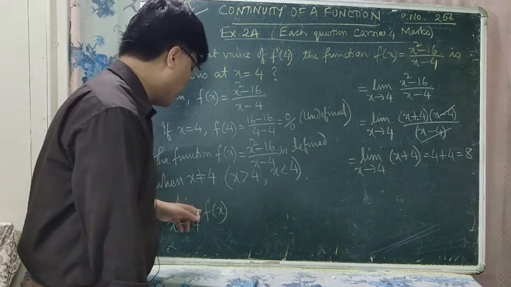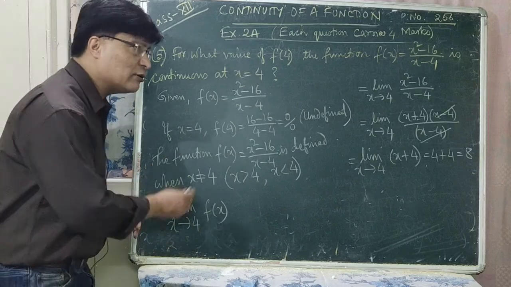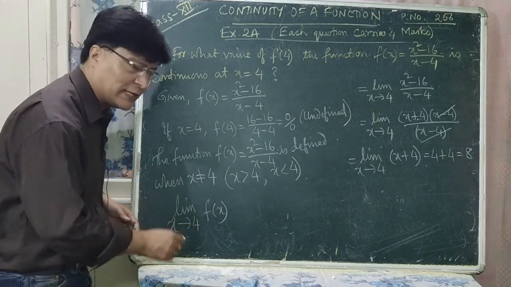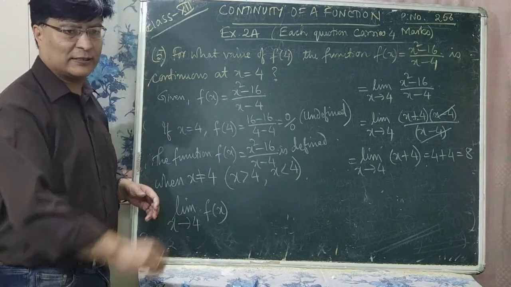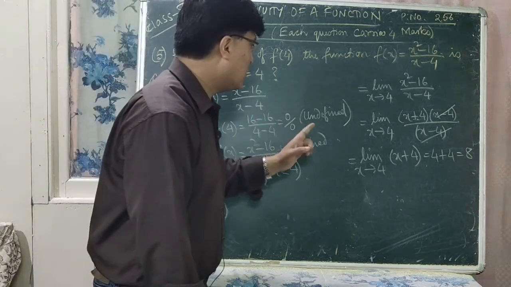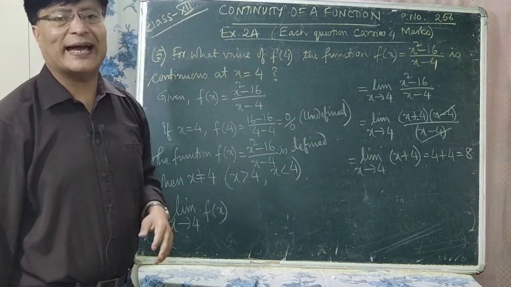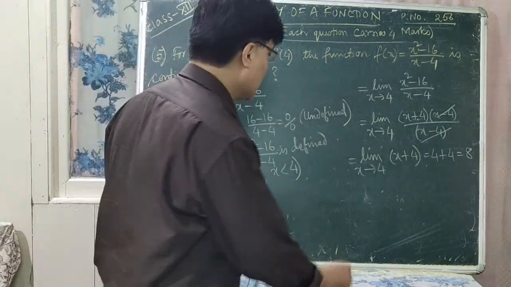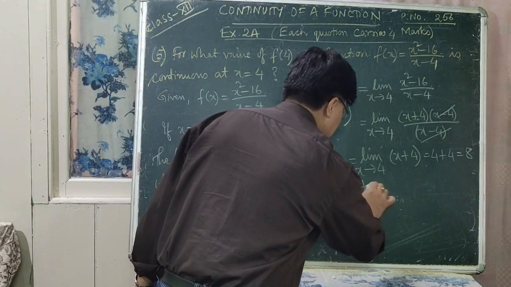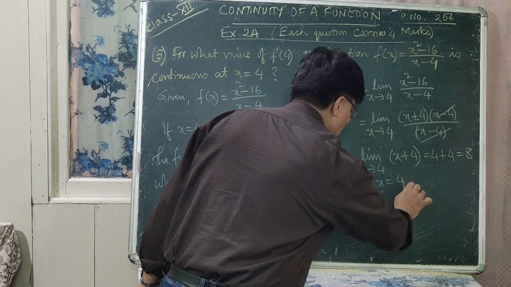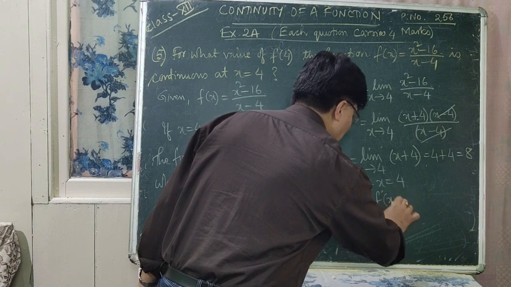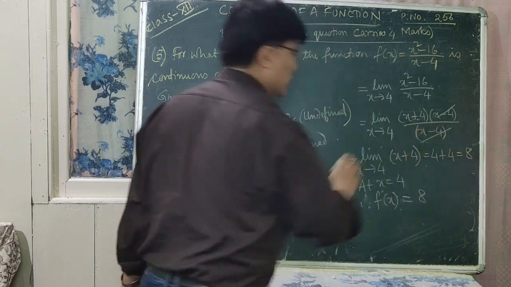Both right hand limit and left hand limit are included in this limit, okay. Now what should be the value for f of 4, so that it is continuous at x is equal to 4? So therefore at x is equal to 4, f of x should be equal to 8 also, isn't it?